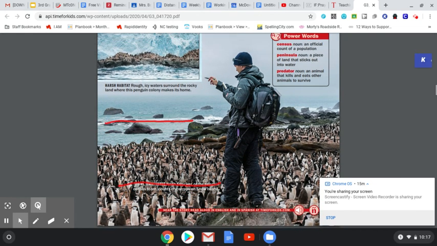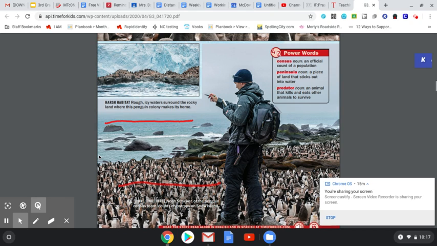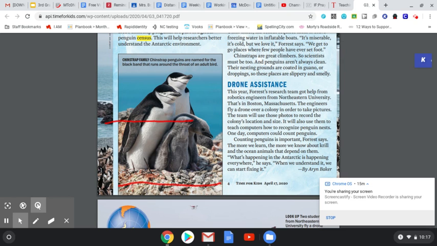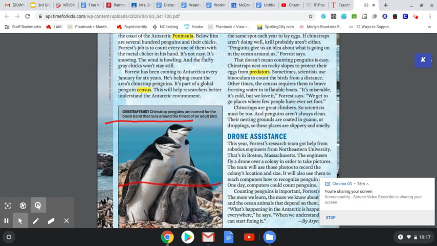Okay, so there were a lot of important text features in this article, and this article was really important because it helped us understand how a penguin census is done, how they actually count penguins, that they use a drone to help them, and they use a metal clicker in their hand to help them.